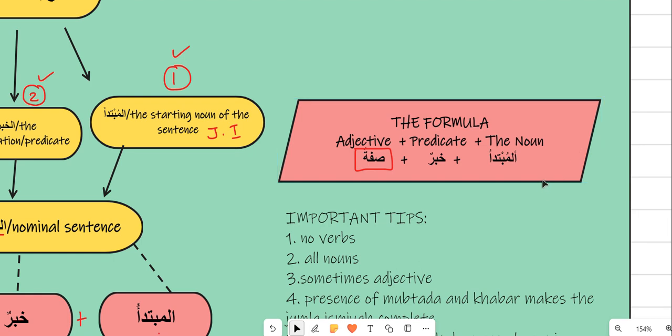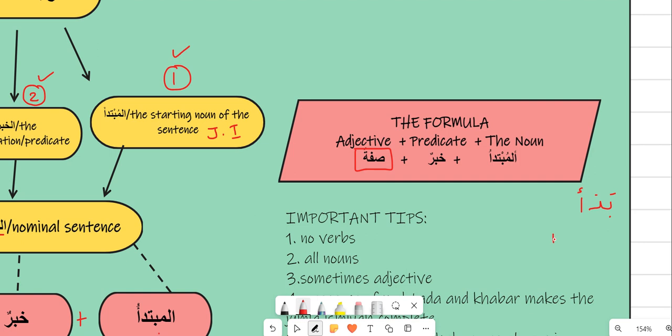So here you can see the first part of jumla ismiyah starts with mubtada. Now, to understand the word mubtada, this word has come from the fi'l madi, or the past tense, bada'a. Bada'a means he started.